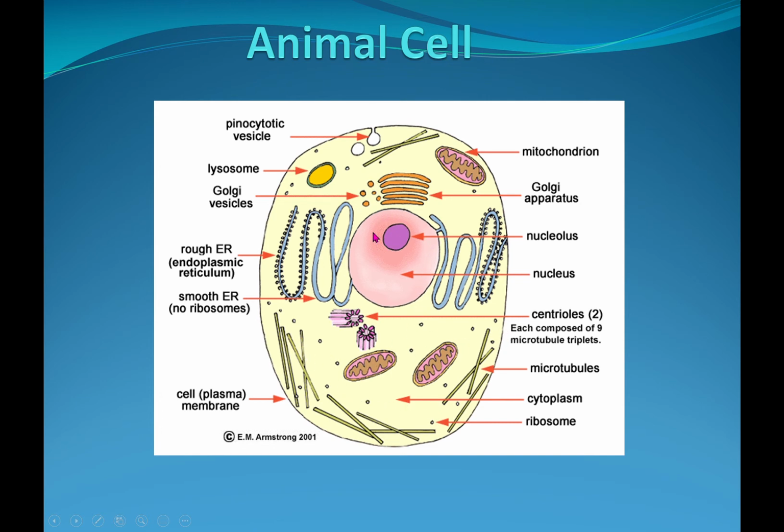Now here we see the nucleus, your nucleolus where the DNA is stored. Then right here is your smooth ER, right? And out here is your rough ER, right? So the smooth is going to be attached right outside the nucleus, which is what we were just saying.